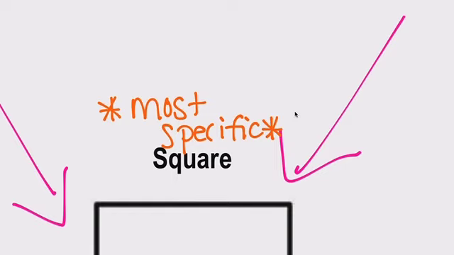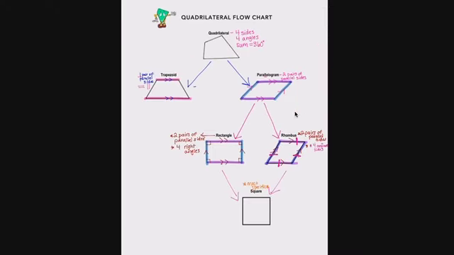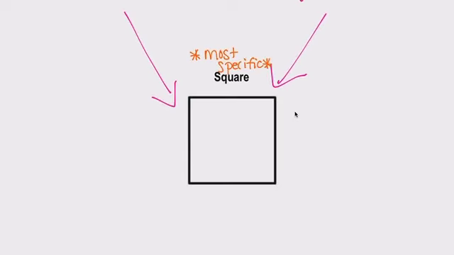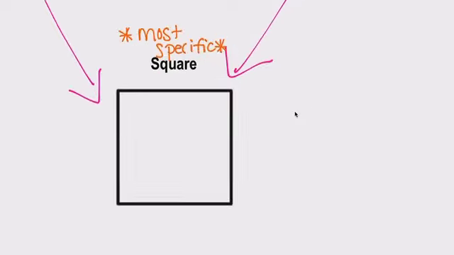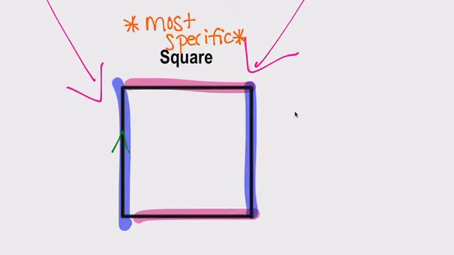That means it has the most amount of characteristics, because a square has all of the characteristics as a parallelogram, as a rectangle, as a rhombus, and as a quadrilateral. So really, a square is the most specific quadrilateral that we are talking about, which means its sides, it has two pairs of parallel sides. These are parallel. These are parallel. We could show the symbols.